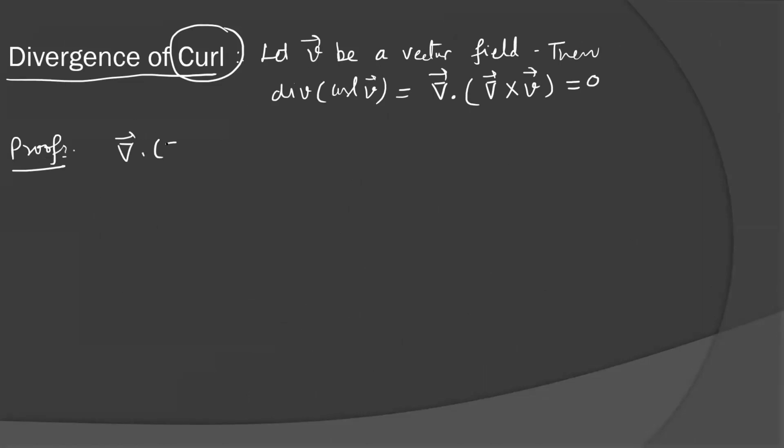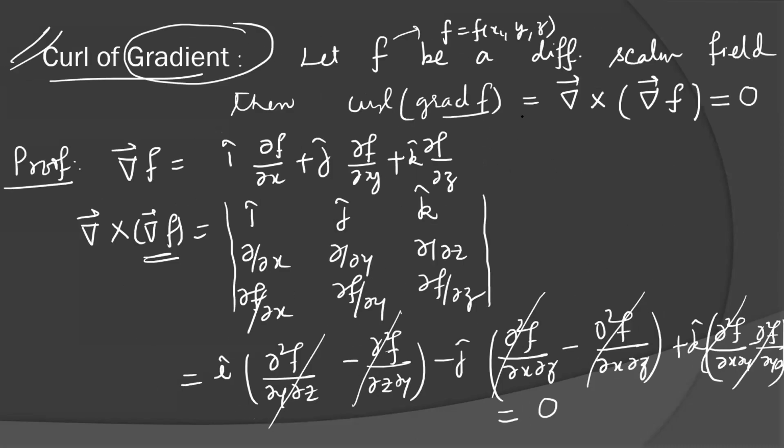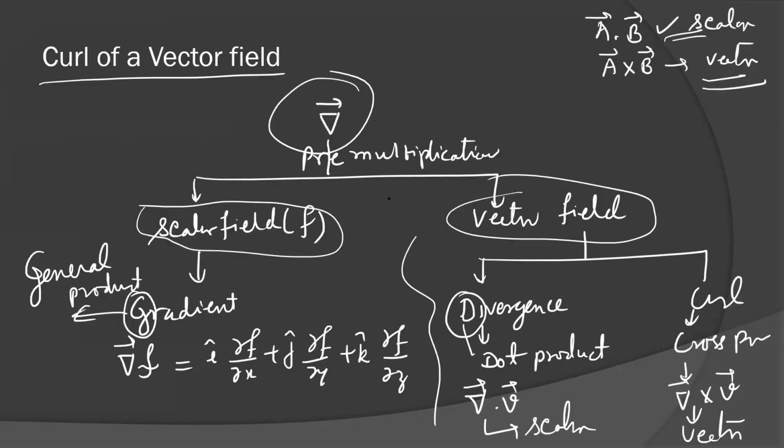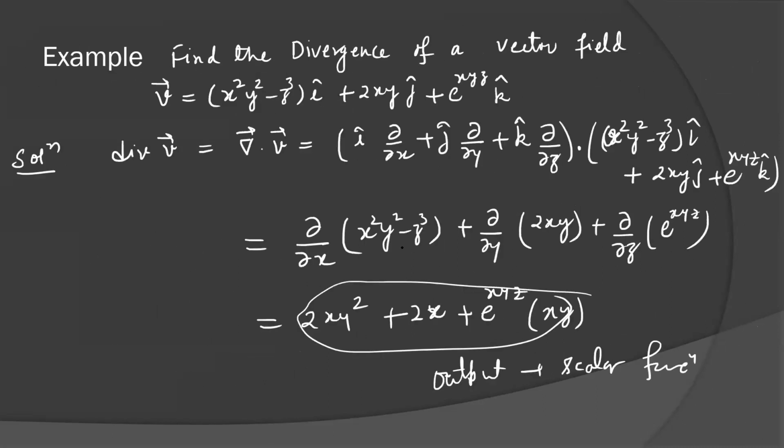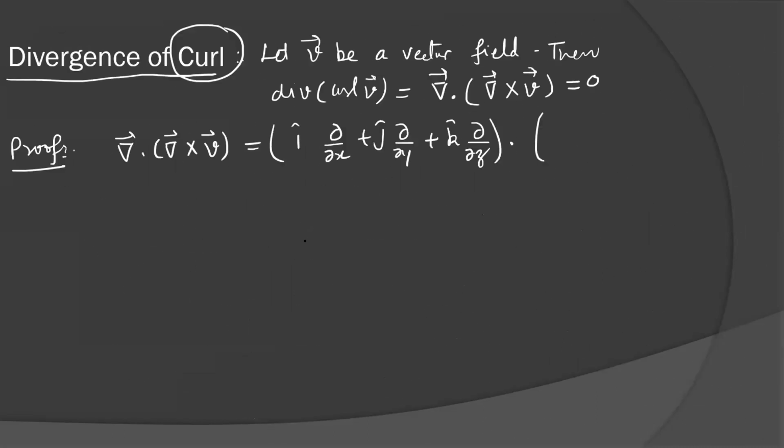Del dot del cross V is equal to (i del by del x plus j del by del y plus k del by del z) dot del cross V. You can see the del cross V definition I have given here; this definition you can use, as I discussed in the curl.